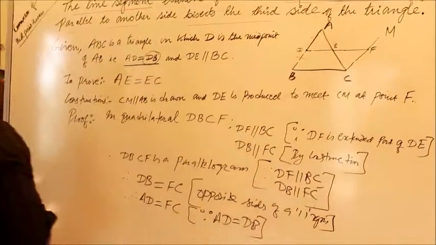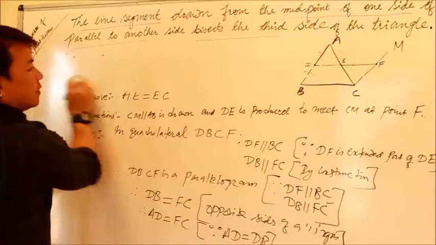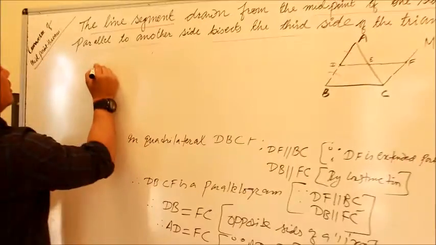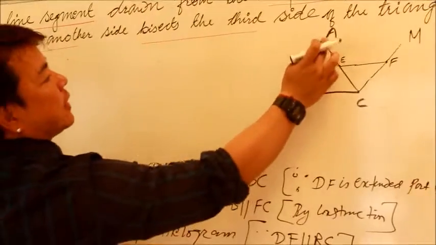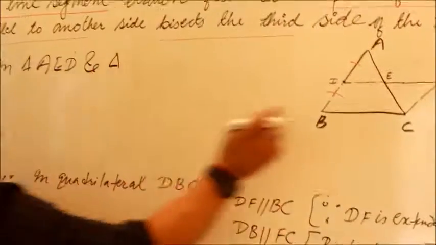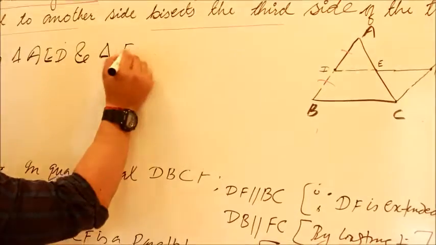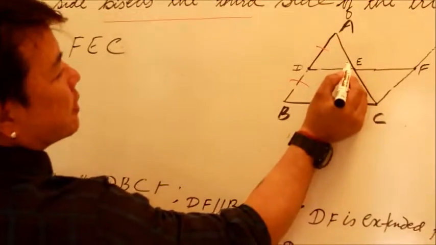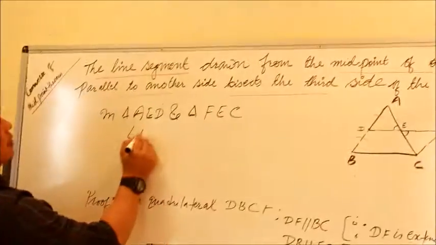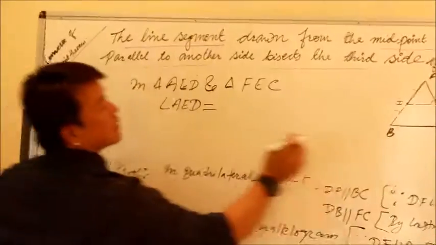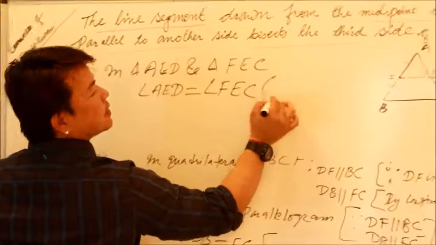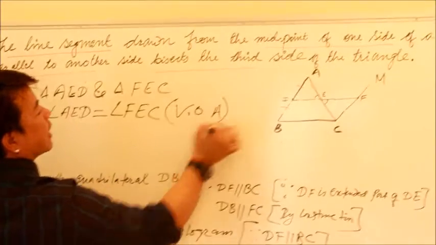Okay, now we have to take two triangles to make them congruent. In triangle AED and triangle FEC, this angle and this angle are vertically opposite angles. So angle AED equals angle FEC. Reason: vertically opposite angles.